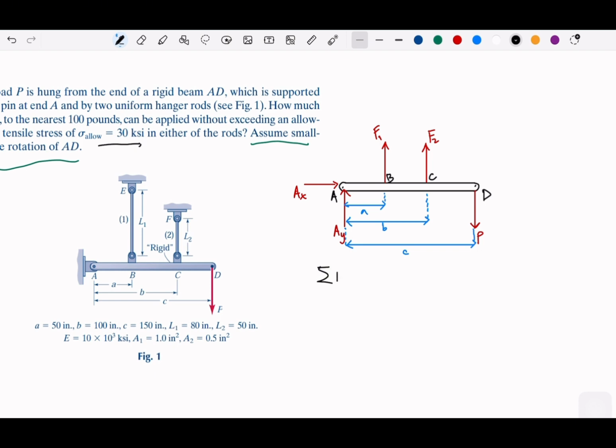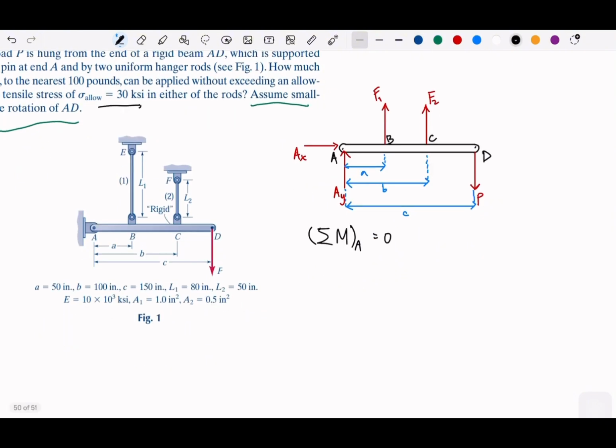So we take the sigma M with respect to A, then we start to write and define, maybe this will be positive. So PC, right?